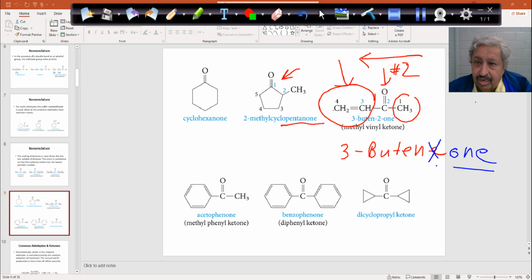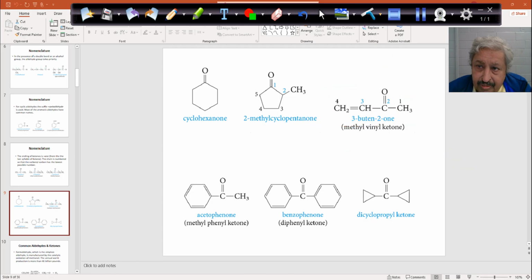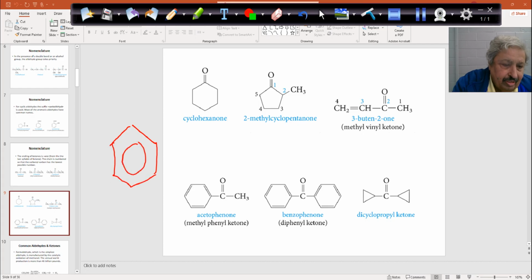Okay, guys. Now we can look at some of the names. We said this is benzaldehyde, remember? Instead of benzene, take the E out, this is benzaldehyde, an aldehyde.